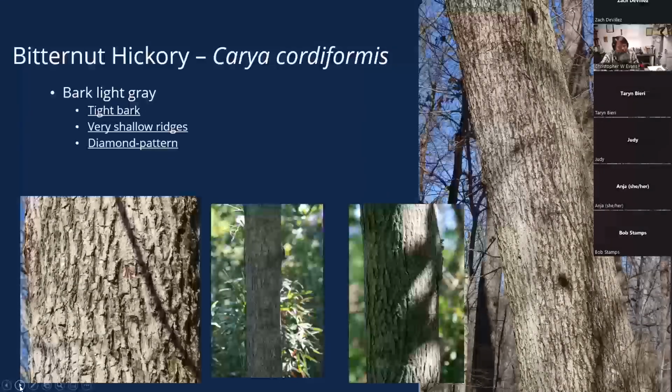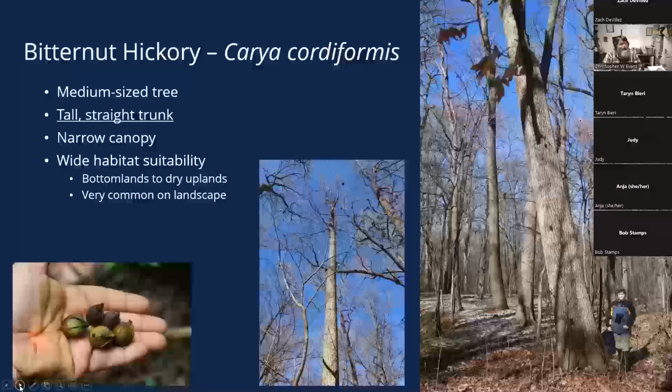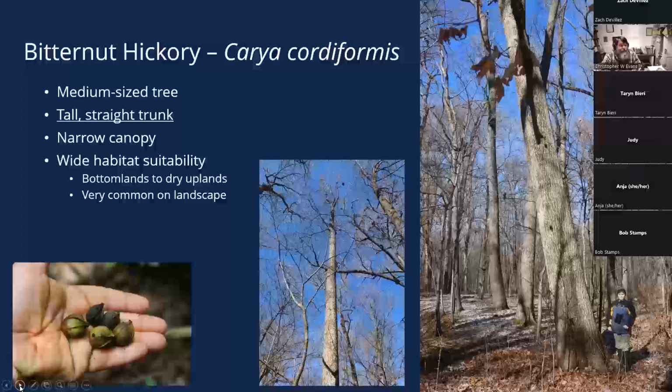It will have that broad diamond pattern that you see in other hickories, but it's one of the easiest ones to identify outside of shagbark just by the bark because of that weird coloration and that shininess to it. It's a medium-sized tree. It doesn't get that big. Usually very tall, straight trunk, narrow canopy.